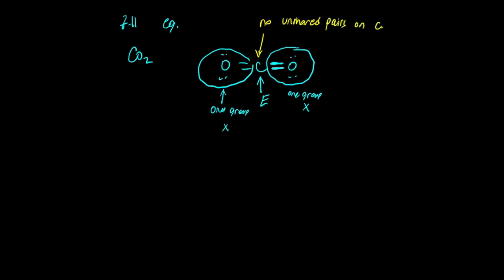Now, the reason I'm making a big stink of this is because a lot of students count lone pairs way over here, thinking all these lone pairs will make it a weird shape. No, we count how many lone pairs are on the central atom. So this is EX2. How do you position those two things far apart from each other? It's going to be linear.